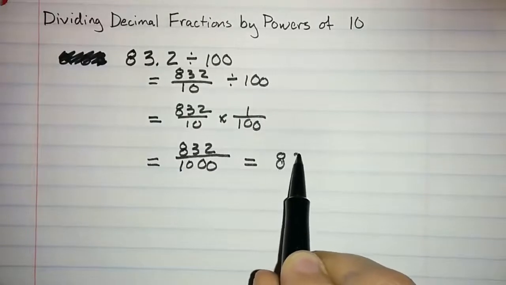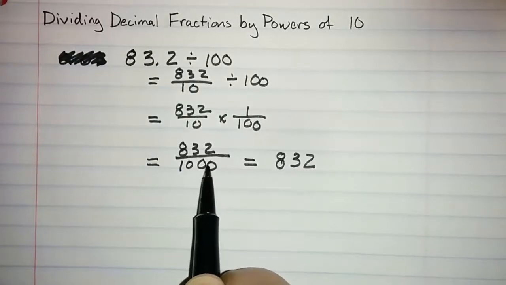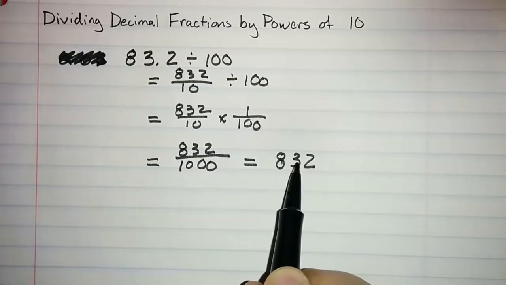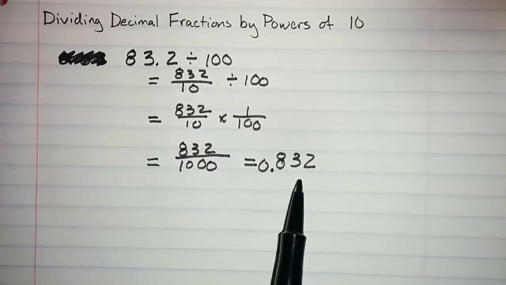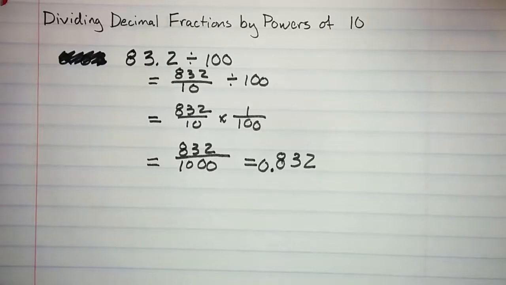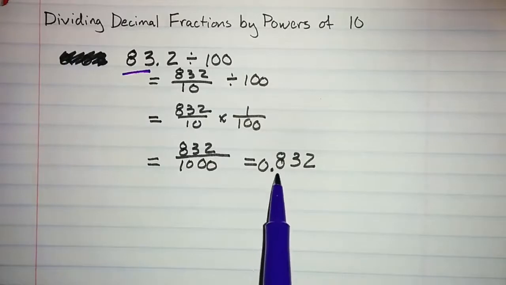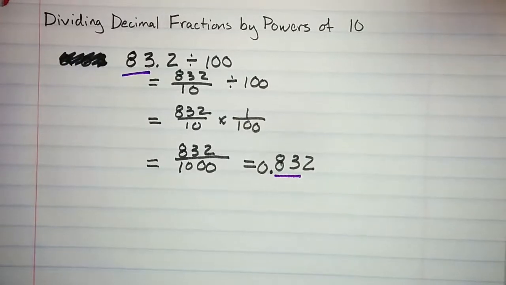That corresponds to, well, we'll want 1, 2, 3 digits to the right of the decimal point. So that corresponds to 2 extra digits to the right of the decimal point.